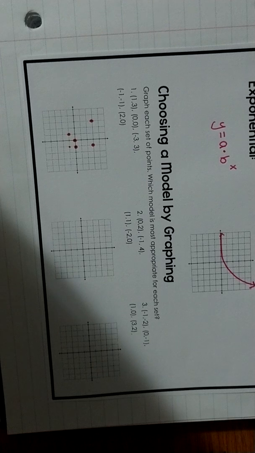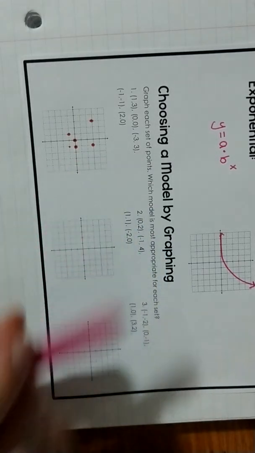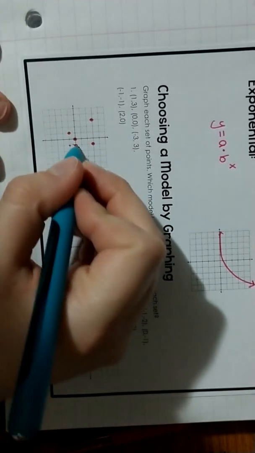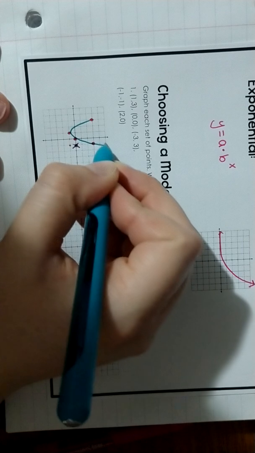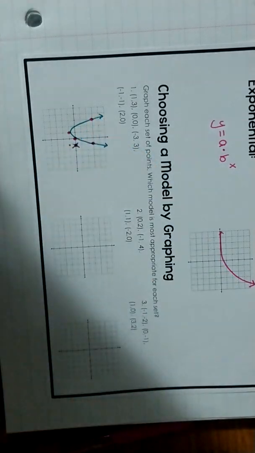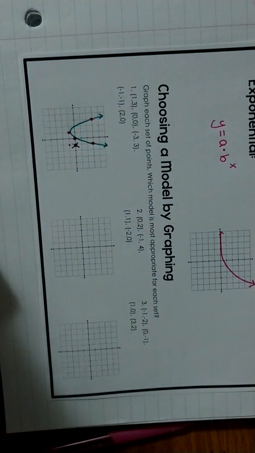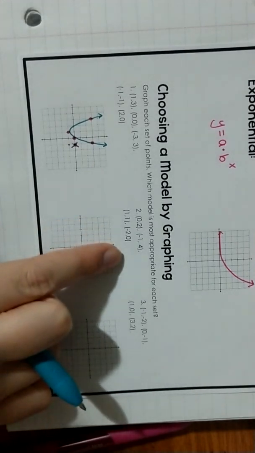So this one doesn't really seem to have any of those specific shapes. However, if you look closely, if we just ignored this point, this looks like it's making that U shape. If you notice, these directions say which model is most appropriate.